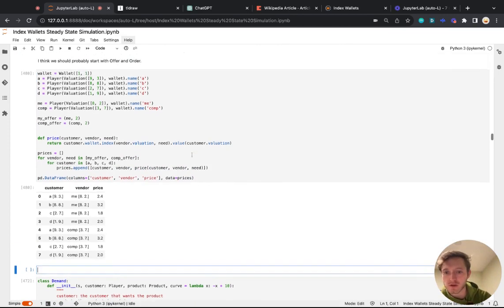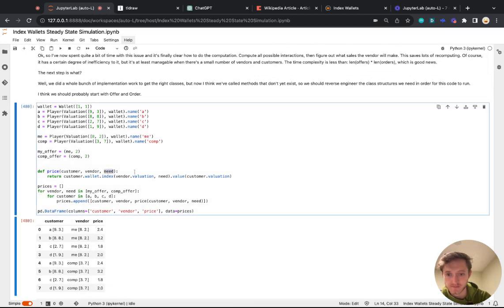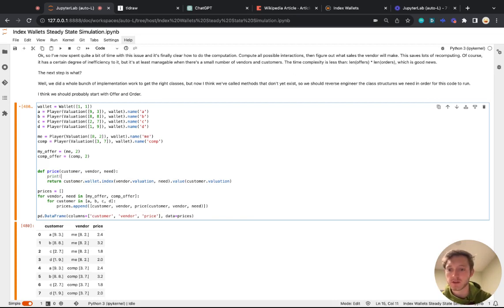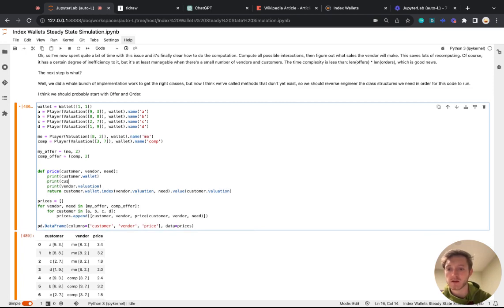So something is wrong. That's all right. Let's print it. So this should be print customer.wallet, print vendor dot, and print customer valuation.